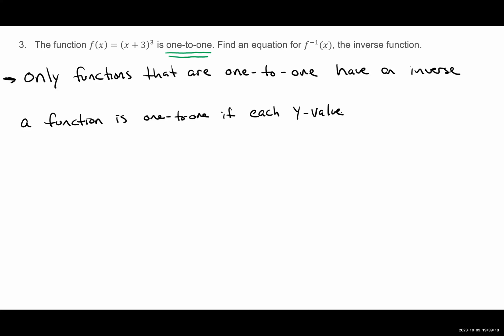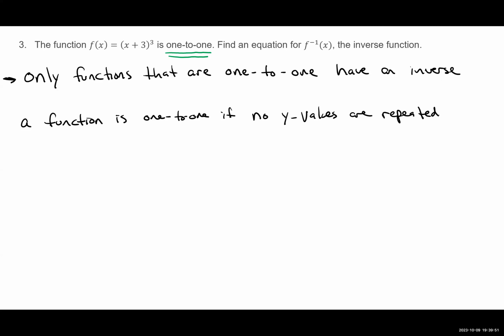We could say if each y value is unique, or if there are no repeated y values, or if each y value occurs only once. I think I like 1-to-1 if no y values are repeated.